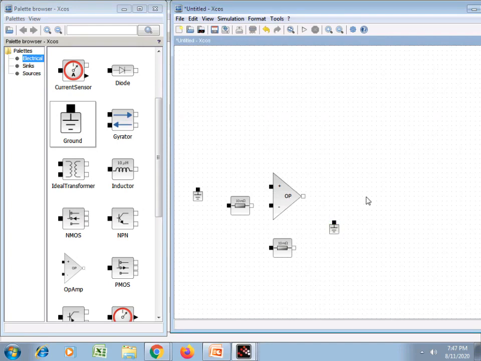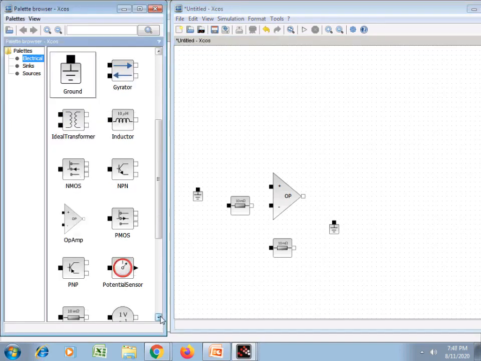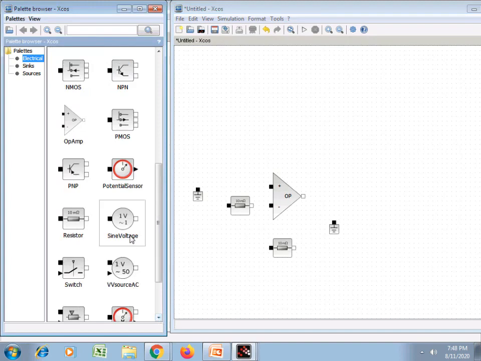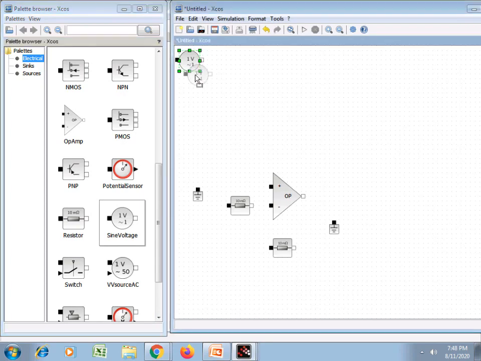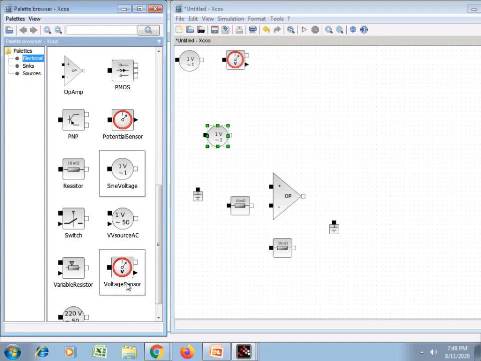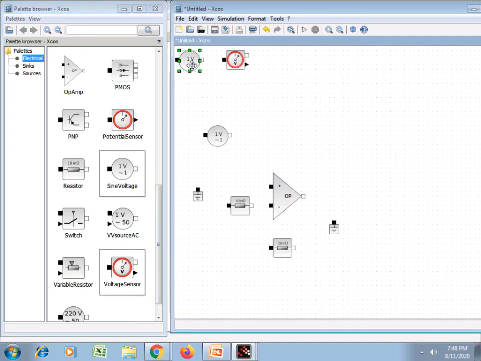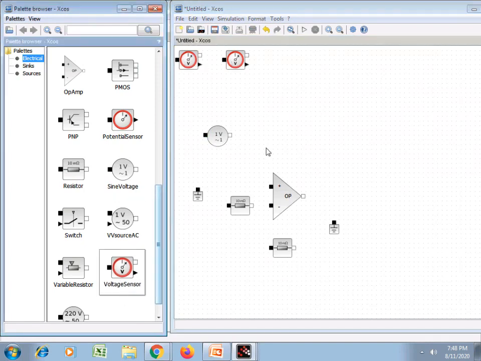Again I need an input voltage source for the amplifier. I choose this sine voltage. To measure input and output voltages, I need two voltage sensors. So these are the voltage sensor blocks, first and then second.